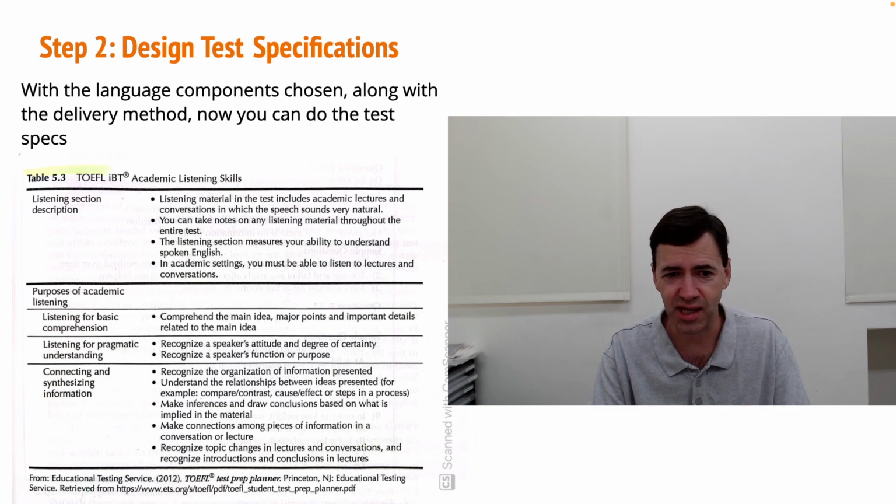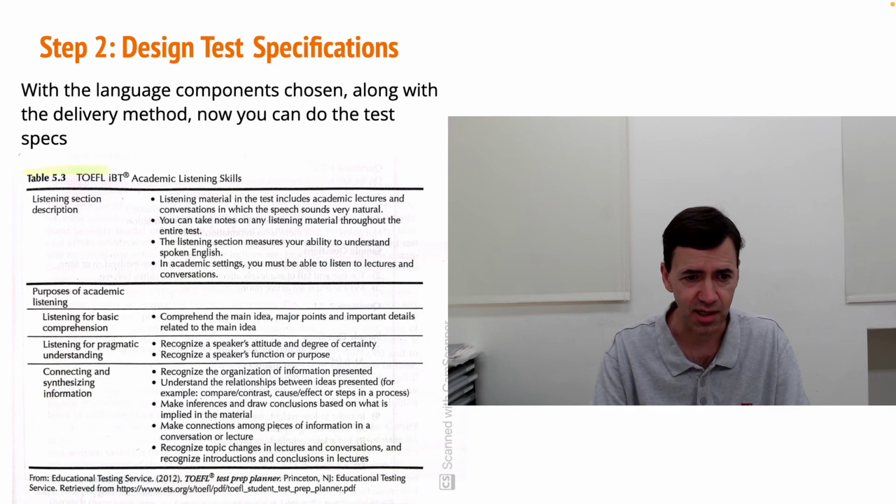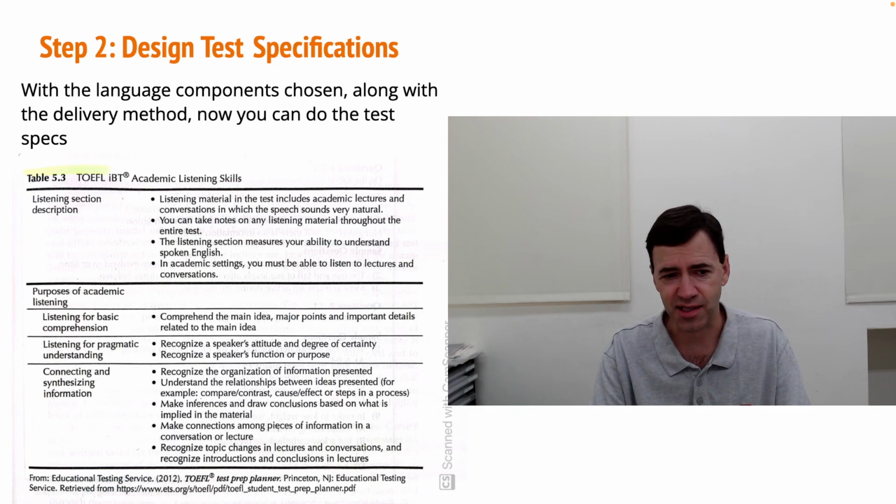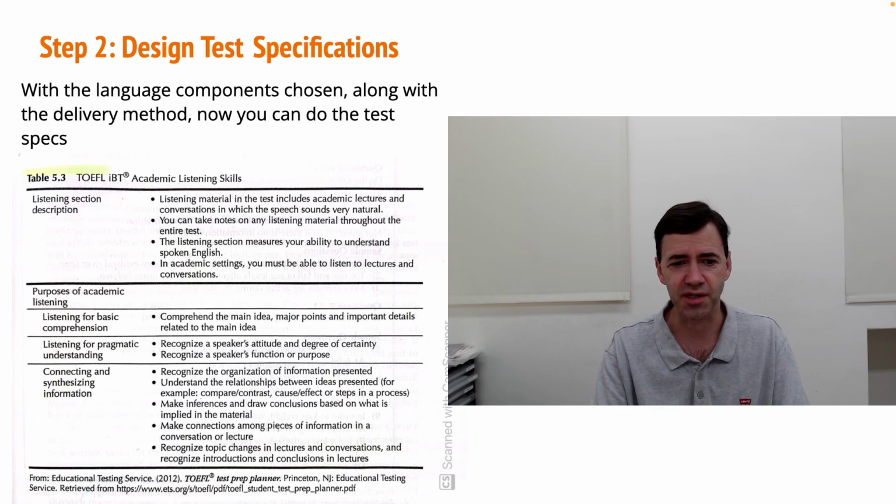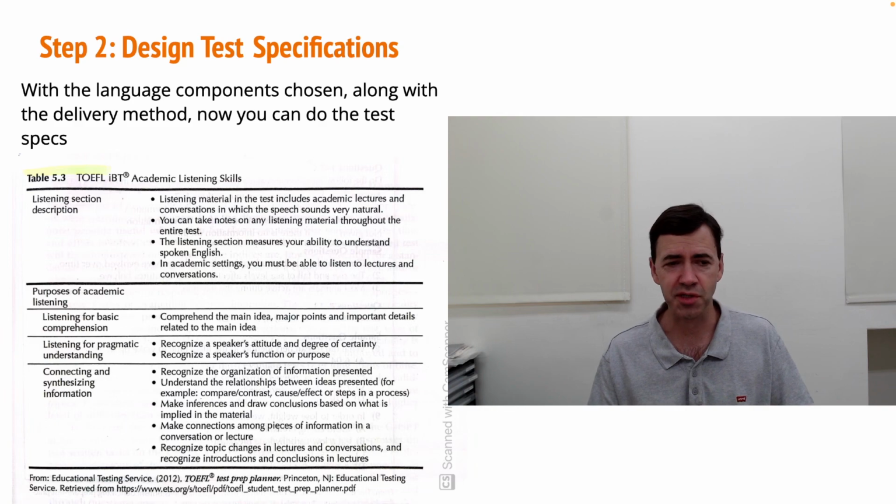In academic settings, you must be able to listen to lectures and conversations. Purposes of academic listening: listening for comprehension, listening for pragmatic understanding, connecting and synthesizing information. So you can see this is nothing to do with the test items per se. These are the test specifications talking about what's going to be inside the test. Remember, this is like the blueprint that test designers are going to use and also test takers can use to prepare themselves.